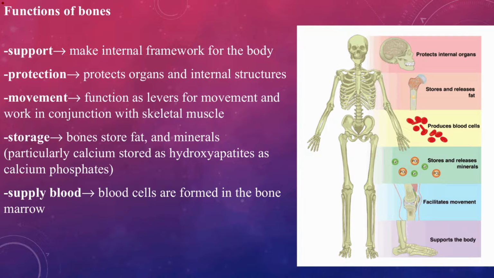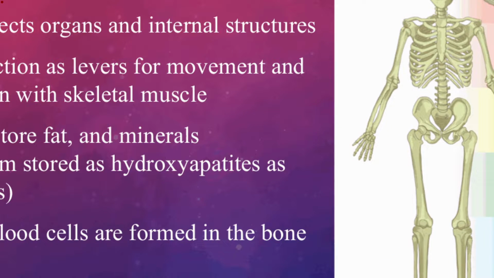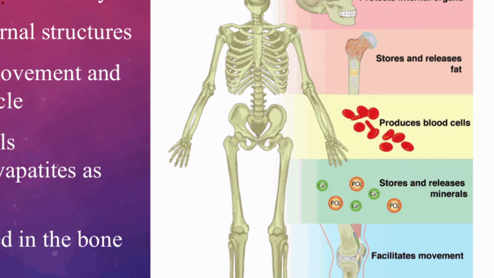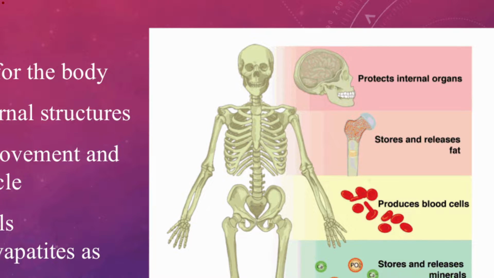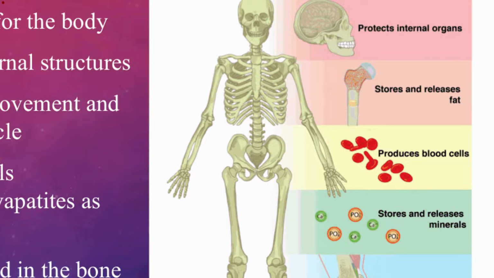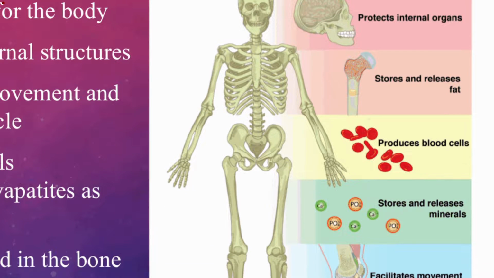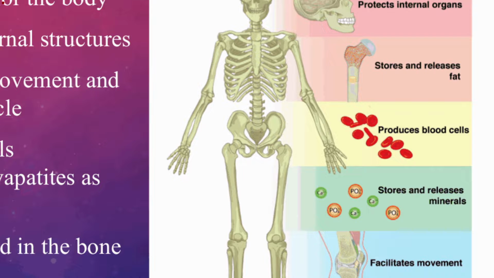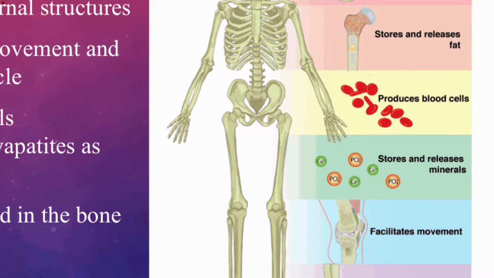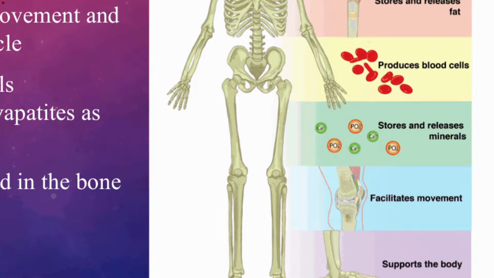And so you see this illustration here. I'll zoom in on that. It shows the different aspects: protecting the organs like the brain, storing fat in the marrow cavity. This is showing some red marrow in the epiphyseal ends where we produce blood.